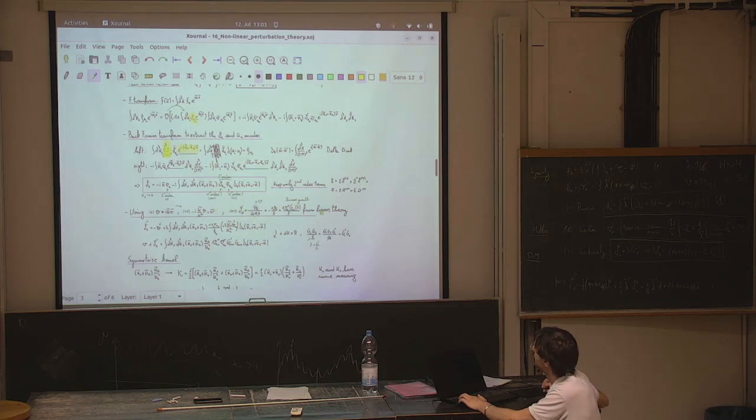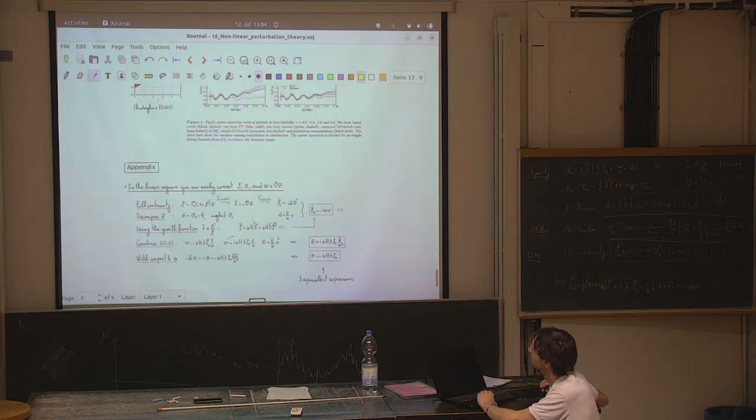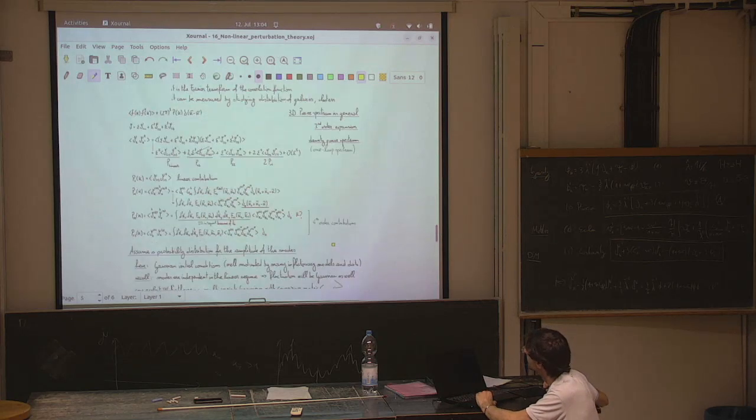Then from linear theory, we have a relationship between the density contrast and the gradient of the velocity field. In the appendix, here at the end, you see how this works. These are very simple steps, but keep in mind that in the linear regime, we have three equivalent expressions, and we can always link the density contrast to the velocity field in the linear regime.